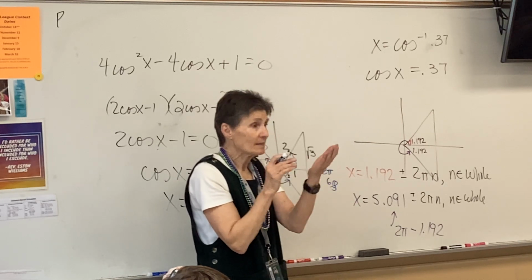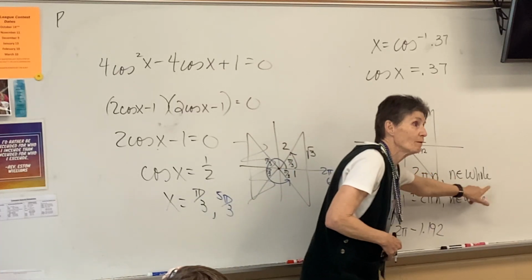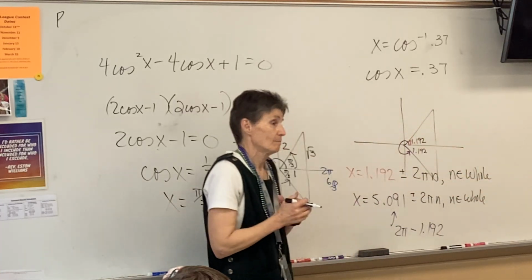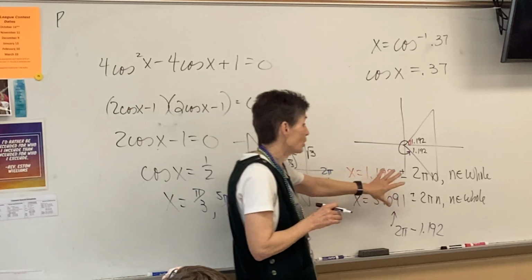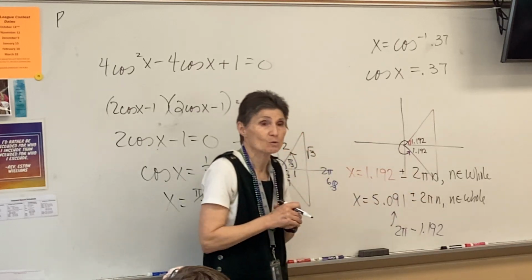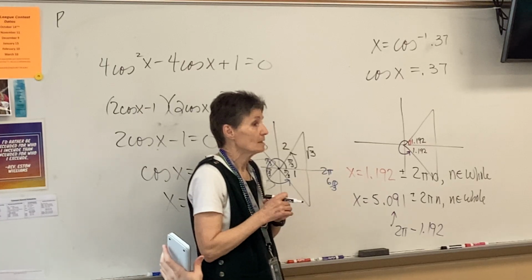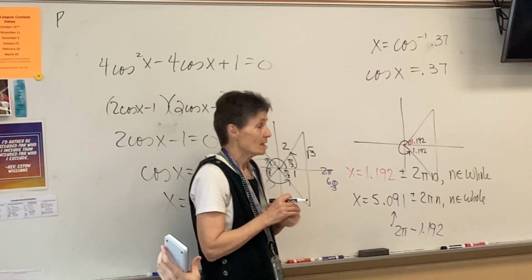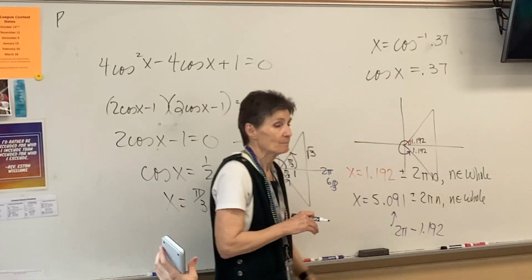So I'm adding 2 pi's, 1 of them, 2 of them, 3 of them, 4 of them. These are called the coterminal angles. We talked about those one day. Coterminal: add or subtract the revolution. Here I'm adding and subtracting all of the revolutions.